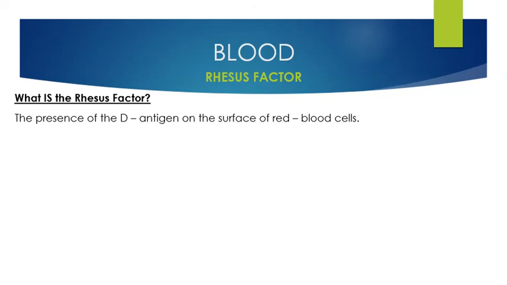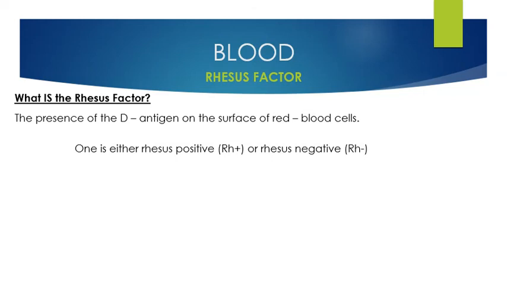You should note that one person can only be Rhesus positive or Rhesus negative. There are only two options. It's either they are Rhesus positive or they are Rhesus negative. And so, because of this, each group we looked at, which is A, B, AB, and O, is divided into Rhesus positive and Rhesus negative.